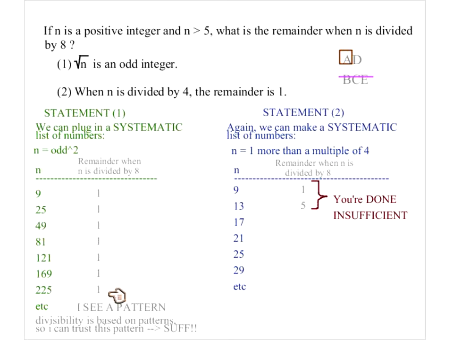Like here, we tried all these different numbers and we could not get insufficient. We kept getting 1, 1, 1, 1, 1, 1, 1, and we could not get a second value. So we're going to say, okay, fine, it's sufficient. But here, someone said, why did you pick prime numbers? This problem has nothing to do with prime numbers. Some of these are prime, some of them are not.